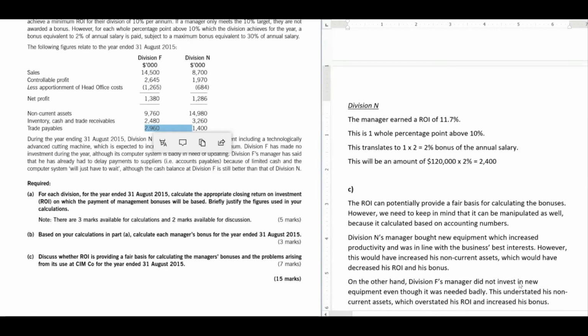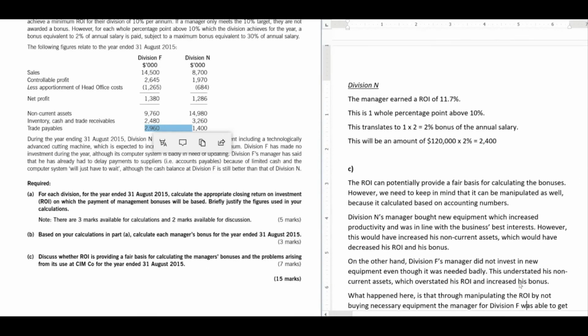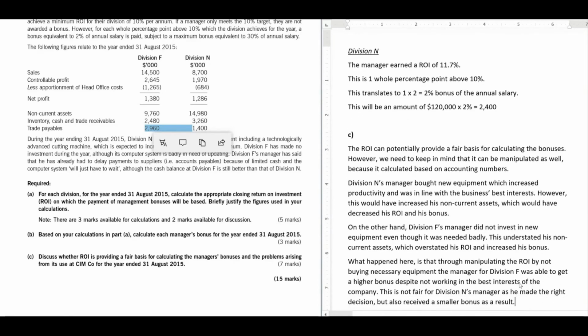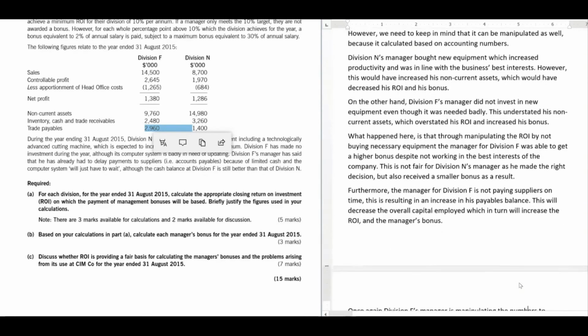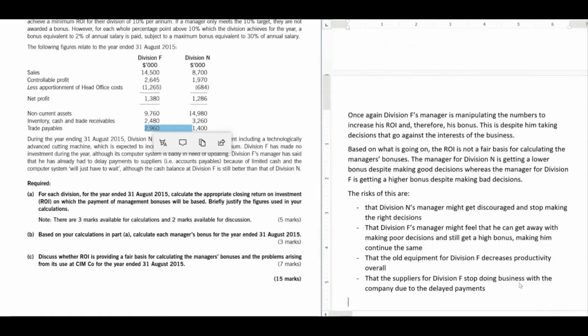And then we did the analysis, which is very commonly tested in section C of the exam. In this case, the manipulation was that Division F's manager was keeping the old assets, so understating his non-current assets, and he was delaying payments, so overstating his current liabilities, which was both in turn overstating his ROI and giving him a higher bonus. And that's the typical way they go about doing these manipulations, okay?